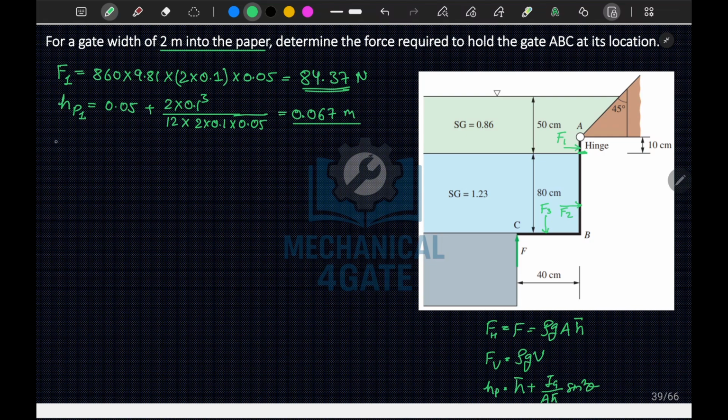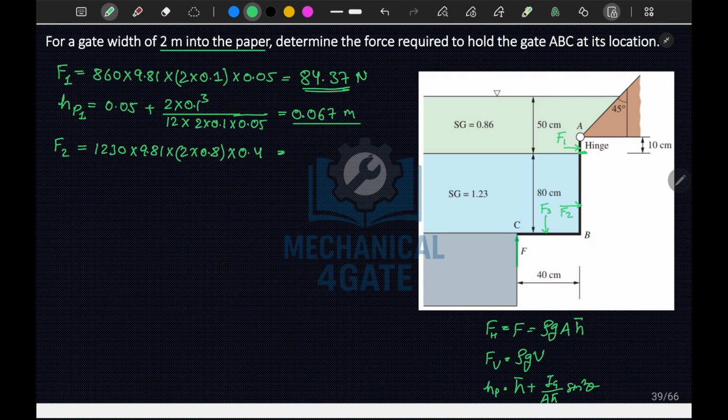So your F2 will be given by F2 is equal to, so your SG is 1.23 here, so 1230 into G, which is 9.81, into area of plate, which is 80 centimeter by 2 meter. So 2 into 0.8 is the area. Your h bar here will be 40 centimeter, okay, so into 0.4 meter.